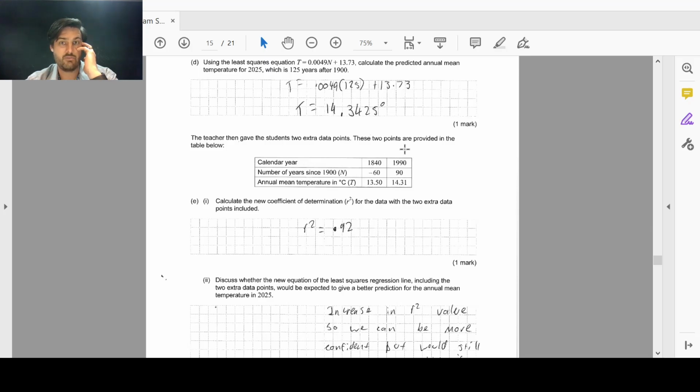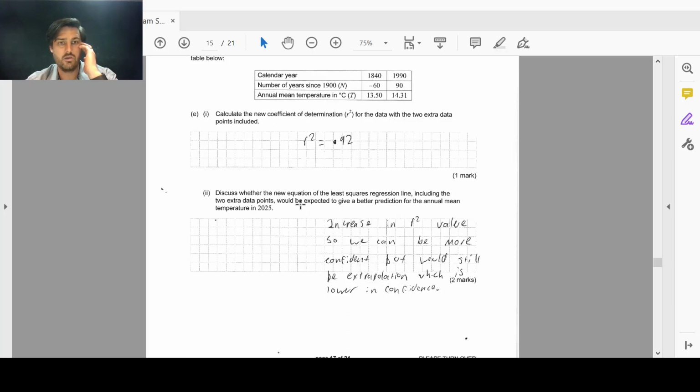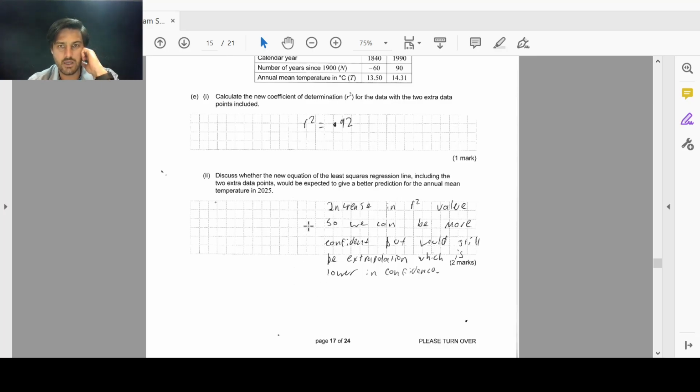What's it done here? There's 2 extra data points, so add those 2 points in and then recalculate your R squared value. Discuss whether the new equation of the least squares regression line, including the 2 extra data points, would be expected to give better predictions, remembering that we can be more confident about our predictions when the R-squared value is higher, which is obviously the case here.